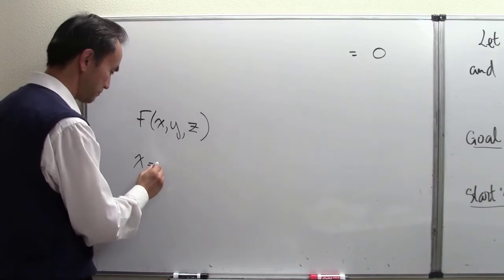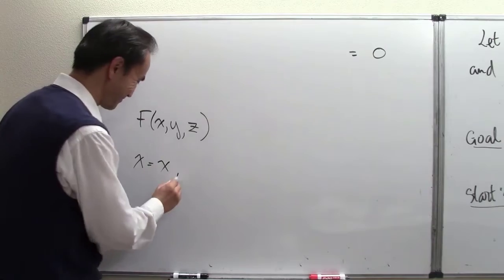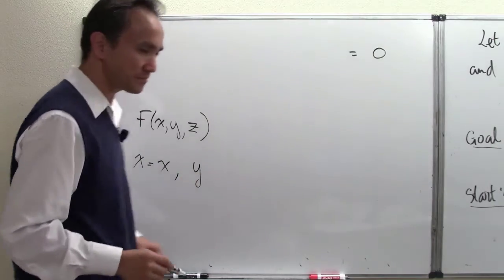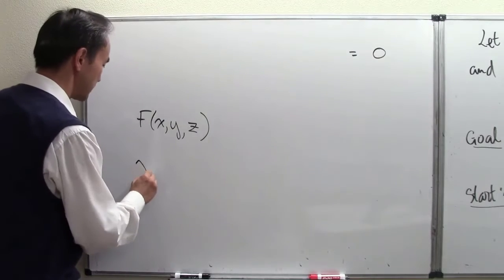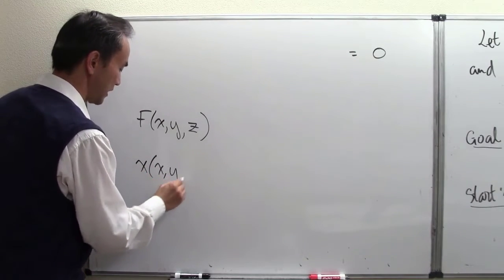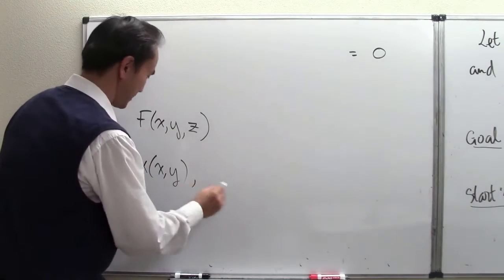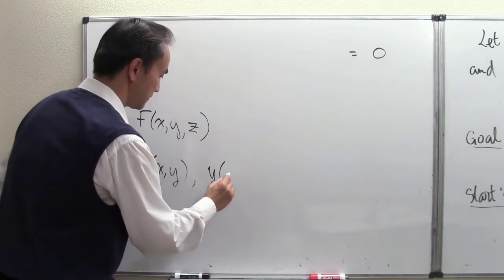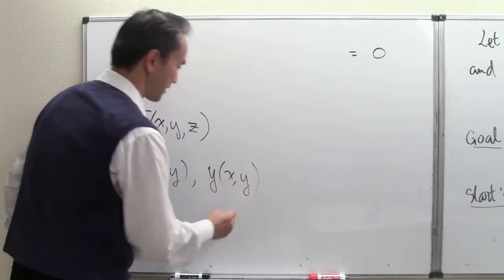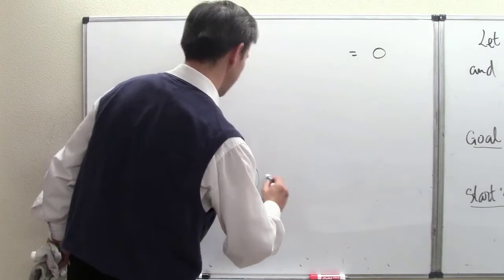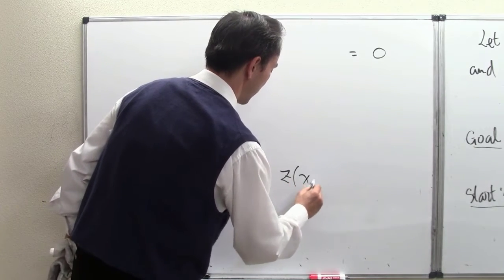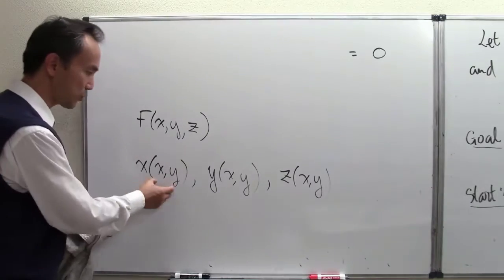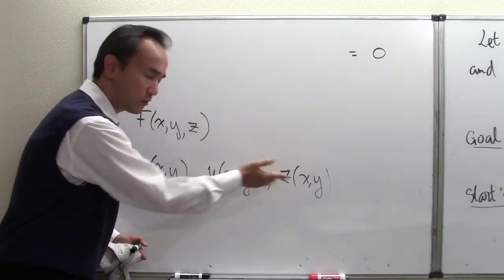It's just x itself. y, and what I mean is really x is a function of x and y. y is a function of x and y. And z is a function of x and y.